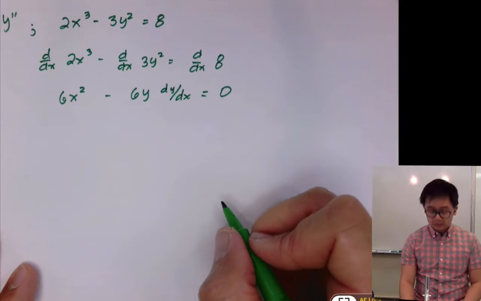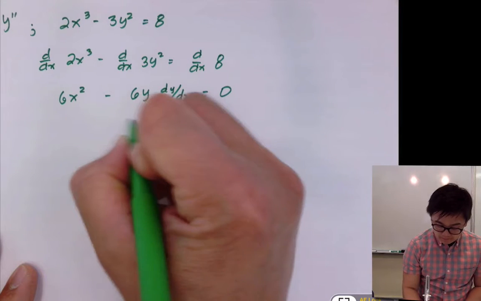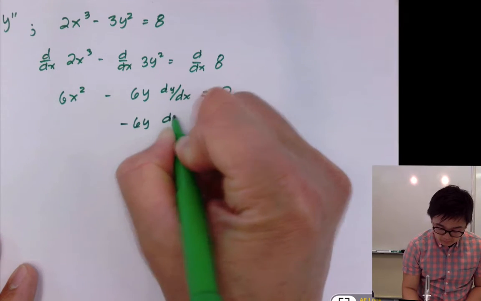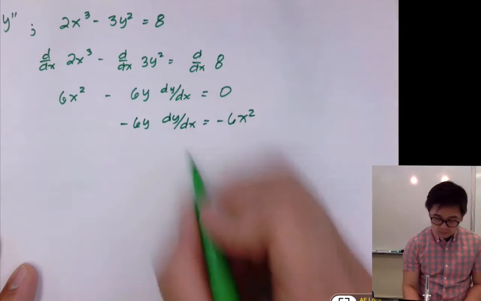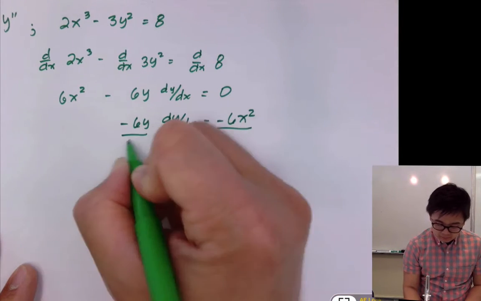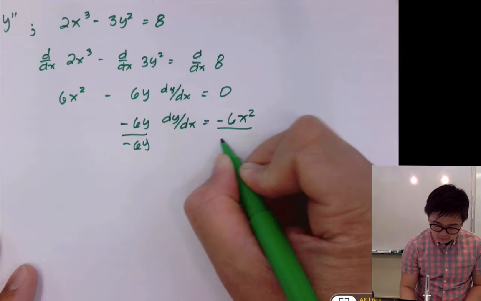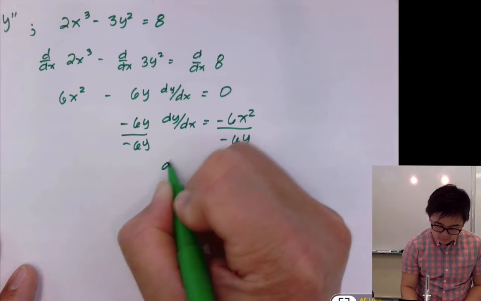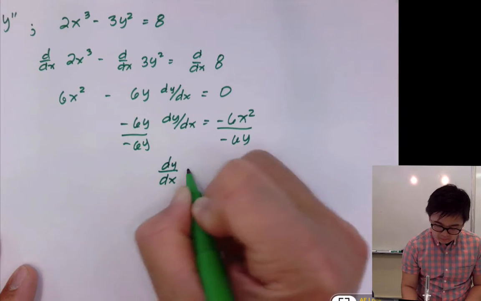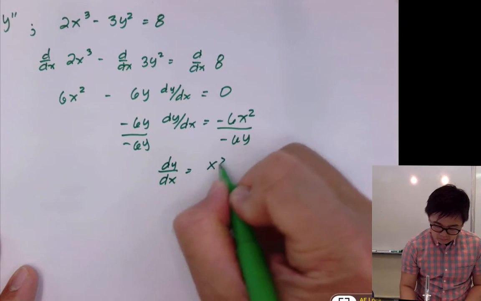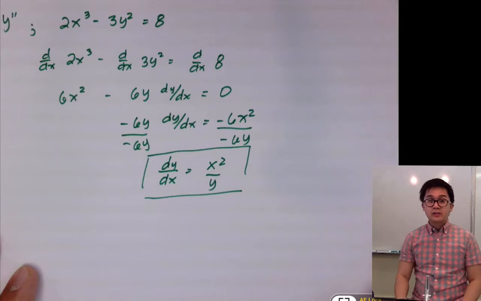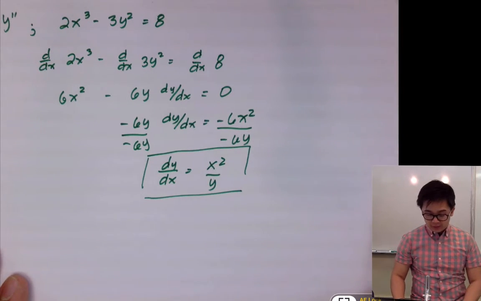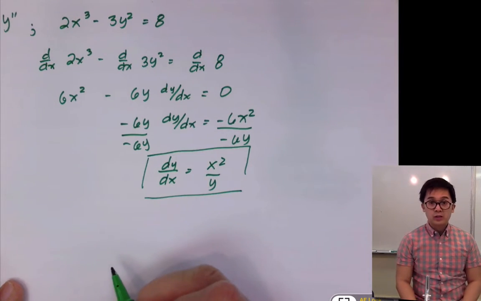And by isolating that dy/dx, we'll end up with x squared all over y. So this is now our first derivative, and to find the second derivative we're going to be using the quotient rule.